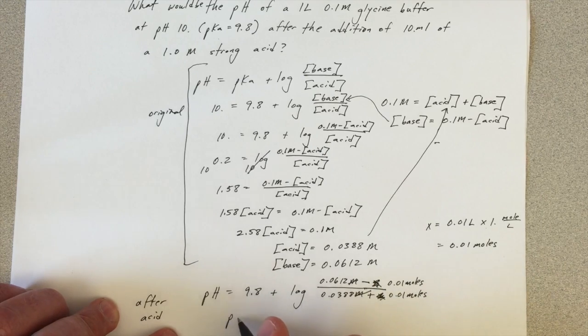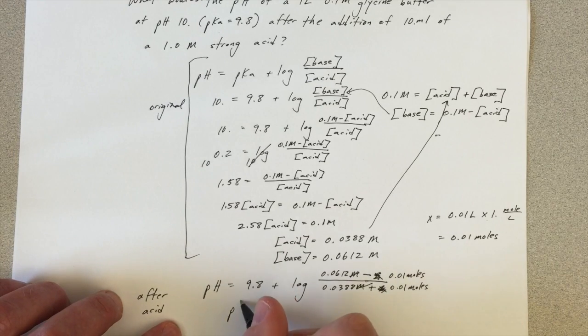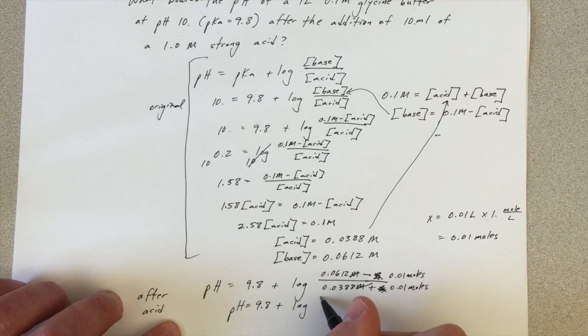So my pH is going to be equal to 9.8 plus the log of 0.0512 over 0.0488. Okay.